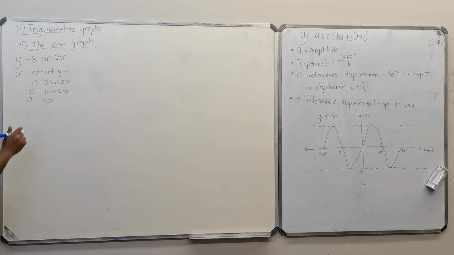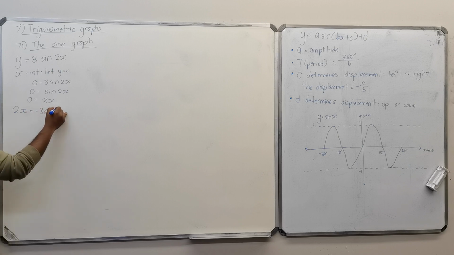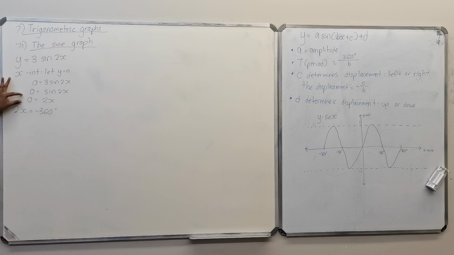So you're going to say 2x is equal to negative 360, because those are your 0 points. You're going to substitute all these values of 0 points here when you're solving for x.